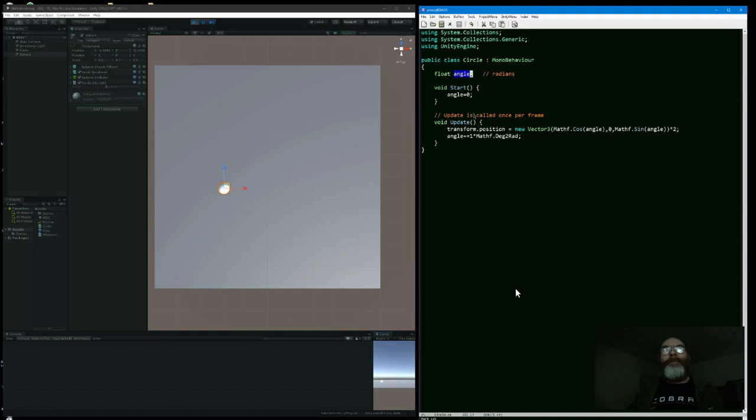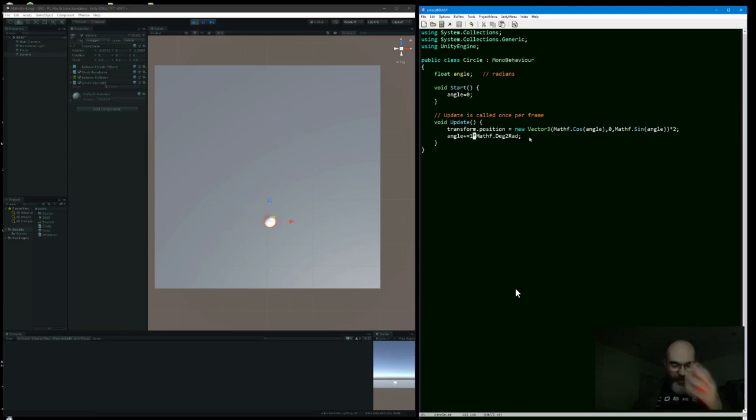So we need to worry about timing, because this is on an update. The update is happening, say, about 60 times a second. So this is not 1 degree per second. This is 1 degree every 60th of a second. Or I guess it's 60 degrees per second, which looks about right. Also, we don't know for sure what the update is.